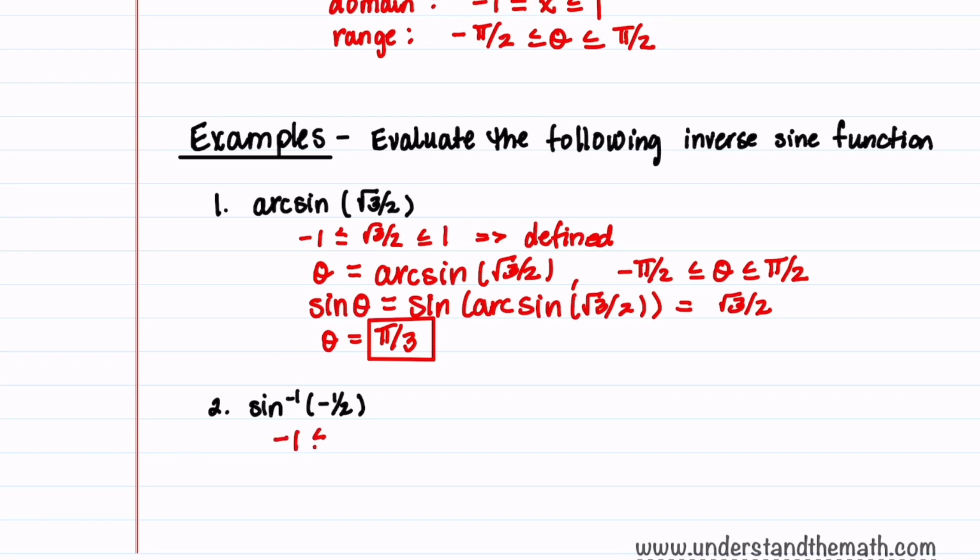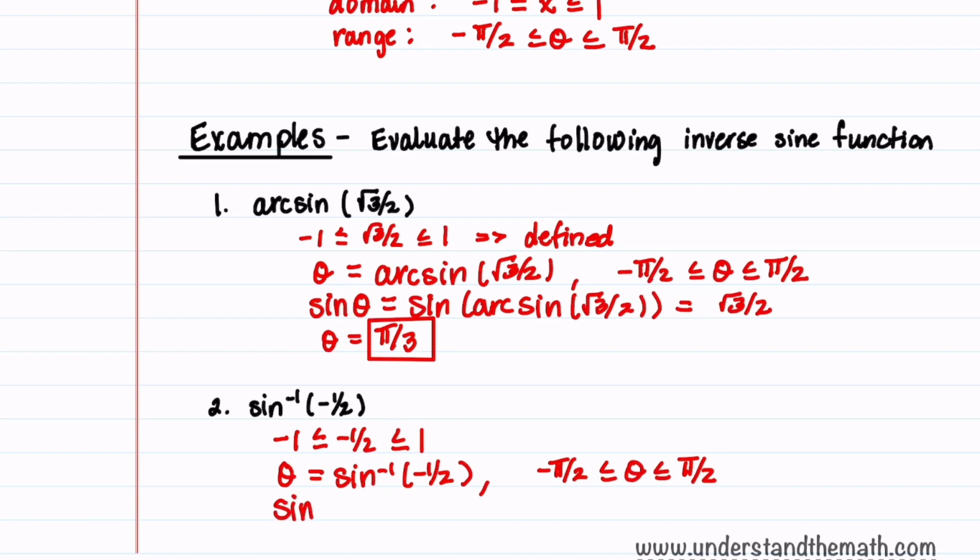For our second example, we'll evaluate the inverse sine of -1/2. Let's note that -1/2 falls between -1 and 1, so this function is defined. We'll then let theta be inverse sine of -1/2 and remind ourselves to choose an angle between -pi/2 and pi/2.